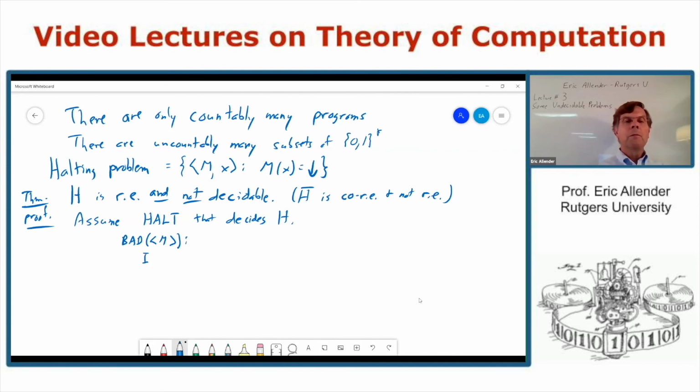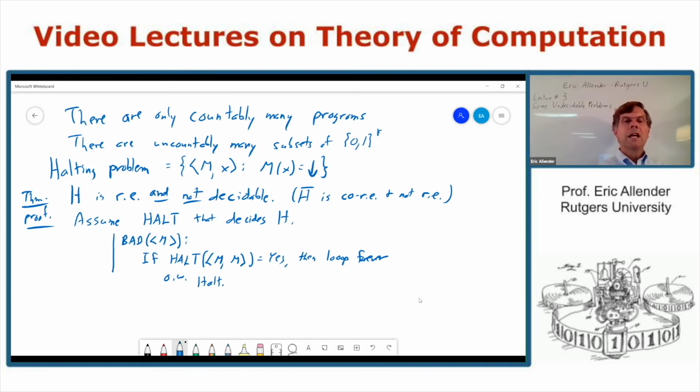It runs program halt. So if halt, that magic subroutine, on input M, comma, M says yes, then this program will loop forever. And otherwise, it will halt. And let's say halt and accept, whatever.